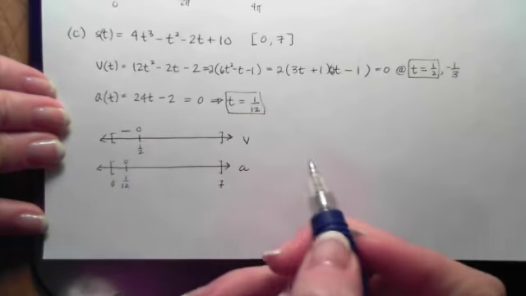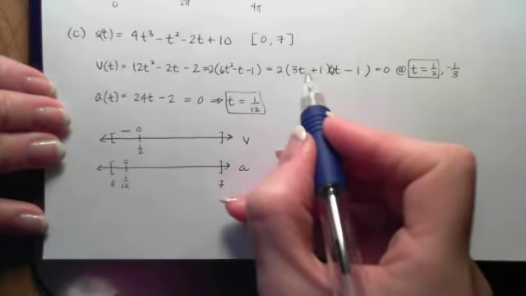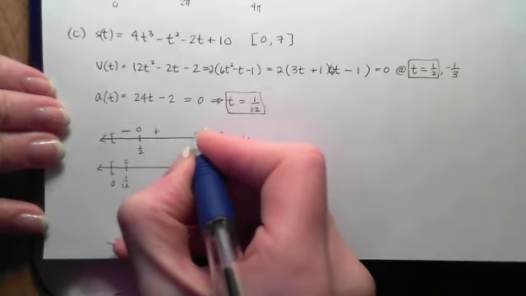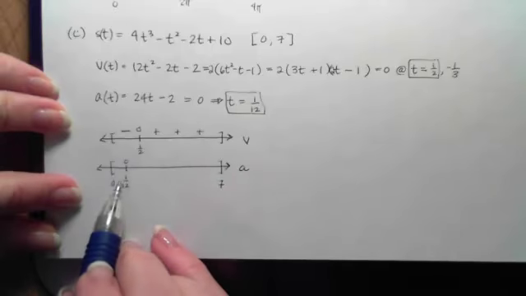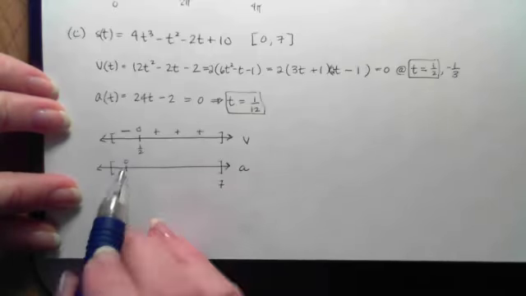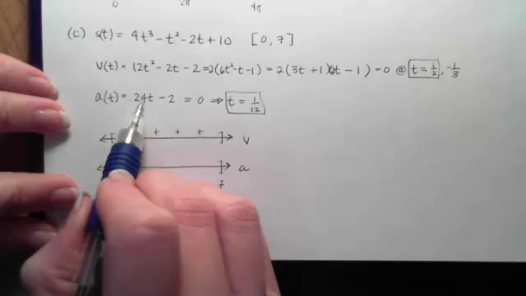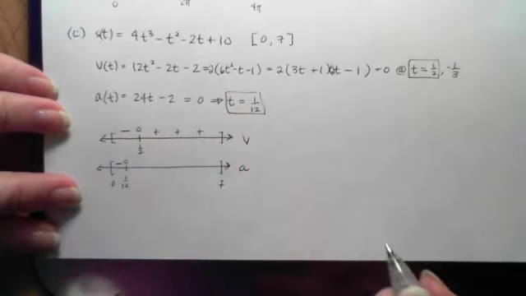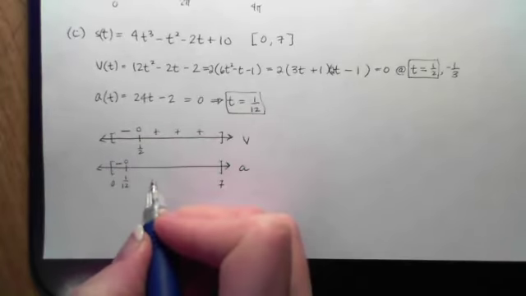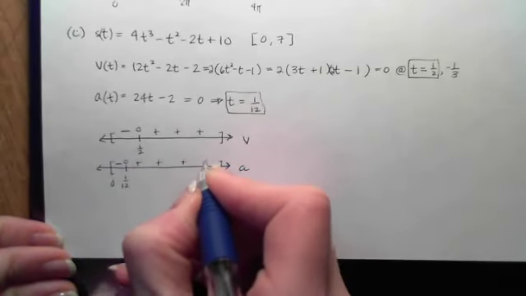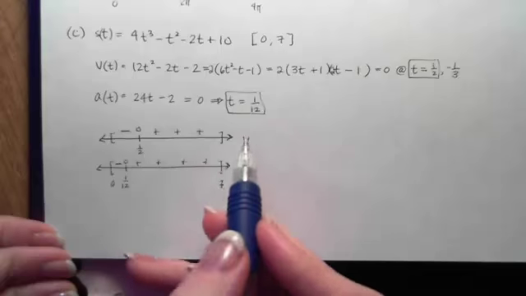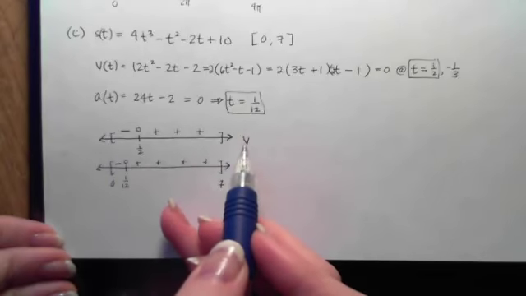If I plug in something bigger, say 3, that's positive, positive, positive, so I'm going to get positives all along here. If I look at acceleration smaller than a 1/12, say a 24th, plug in a 24th, I'll get a 1 minus a 2, which is negative. And after that, say at 1, I'll have positives. So we can see from the velocity curve how the particle is moving.